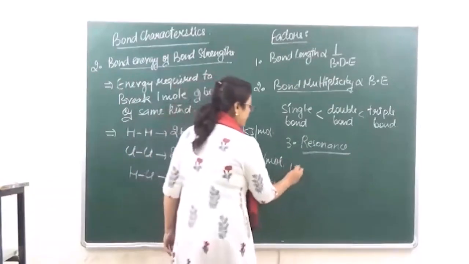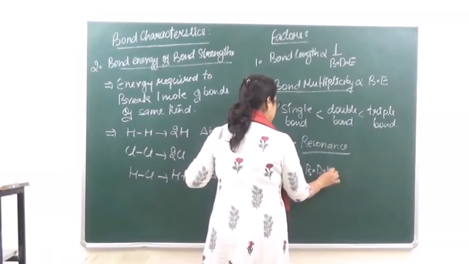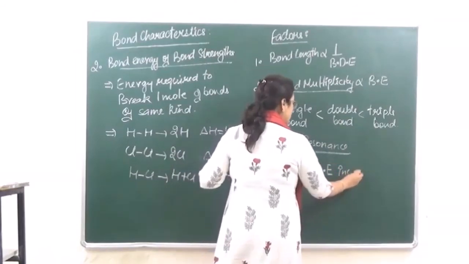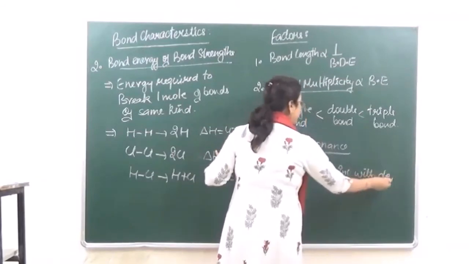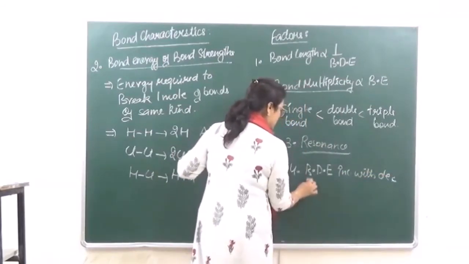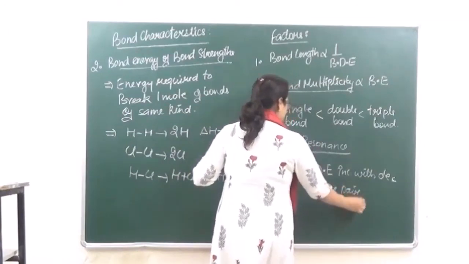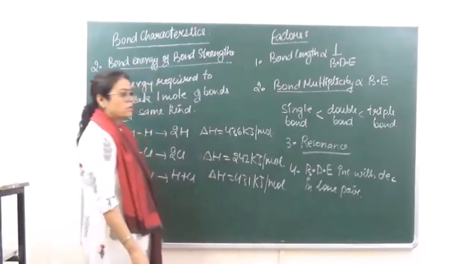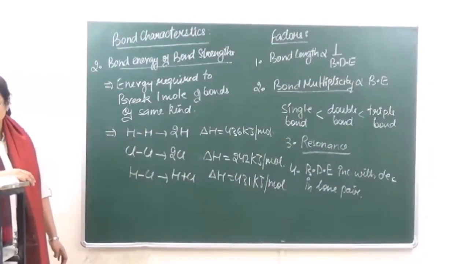So we say that bond dissociation energy increases with decrease in lone pair of electrons. Bond dissociation energy decreases with increase in lone pair of electrons.